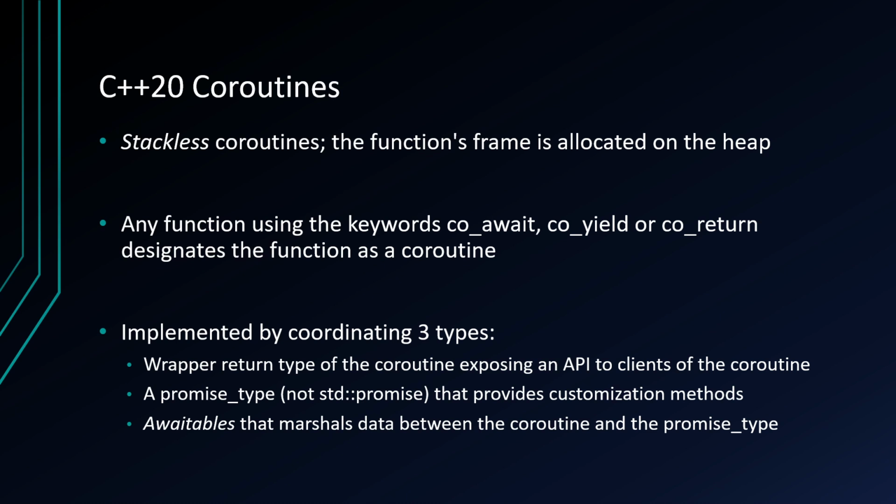Now the wrapper, when you call a coroutine function for the first time, really what you're doing is executing a factory function to create the wrapper. The wrapper is going to be the type that exposes some sort of API to clients of the coroutine. It's going to be how you communicate things in and out.